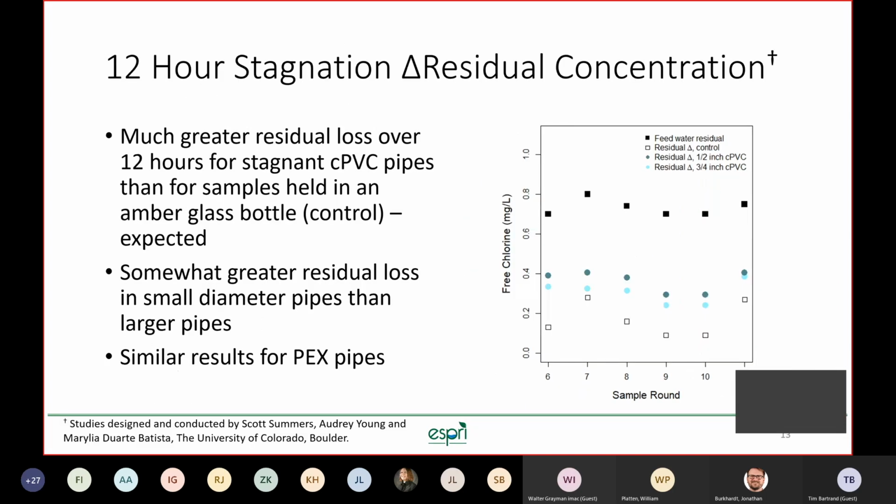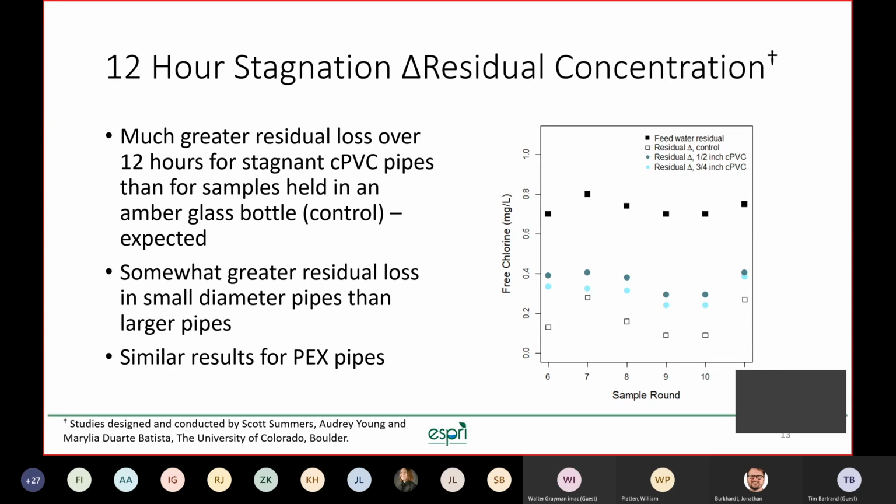A couple of quick thoughts on chemistry and modeling for 12-hour stagnation residual concentration change. On the x-axis of the plot, again, we see the sample round, and on the y-axis the change in the free chlorine concentration. The feed water residual is shown as solid black squares.